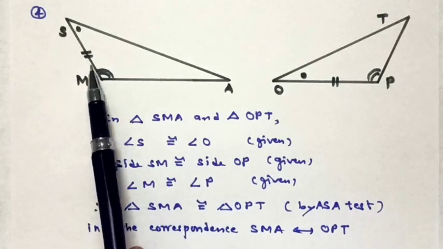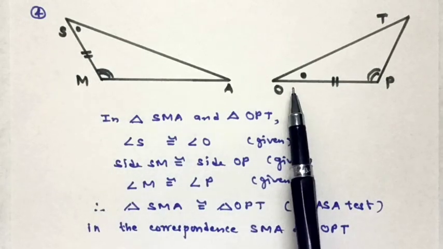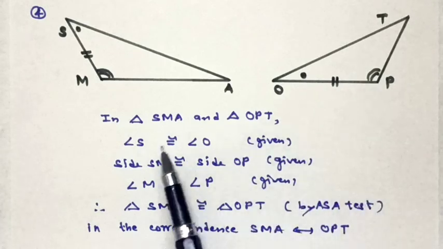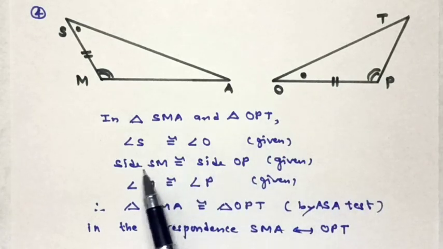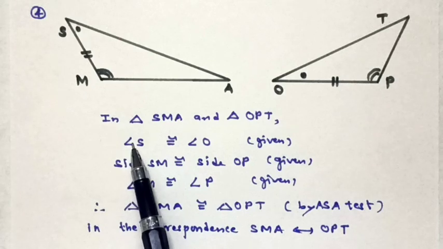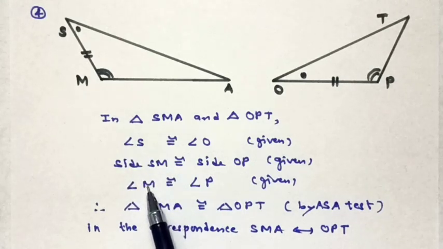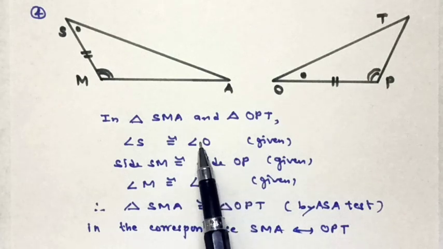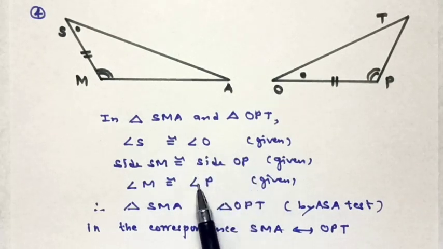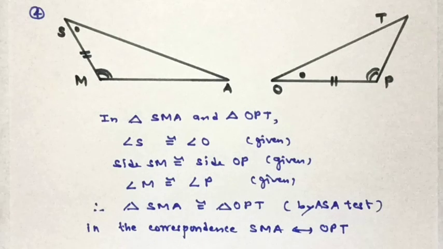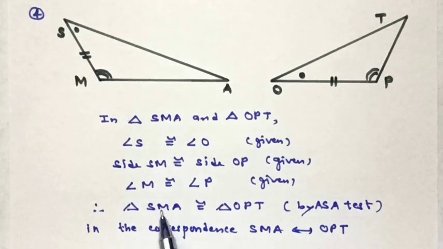And included side SM is congruent to side OP, side SM and OP. This is angle S, this is angle M, this is angle O, this is angle P. This way you can just correlate and understand the things and write the answer. Therefore triangle SMA is congruent to triangle OPT by ASA test.